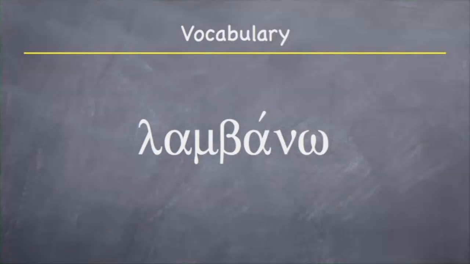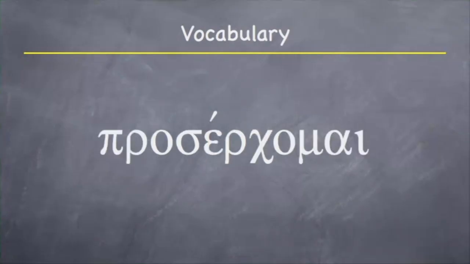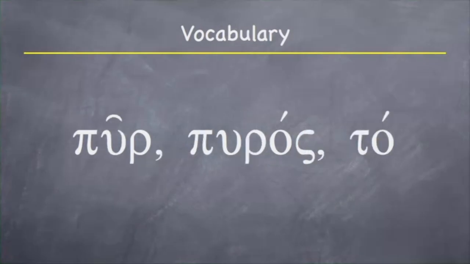Lambano: I take, receive. Oute: and not, neither, nor. Proserchomai: I come to, I go to. Proseuchomai: I pray. Pur, puros, to: fire.